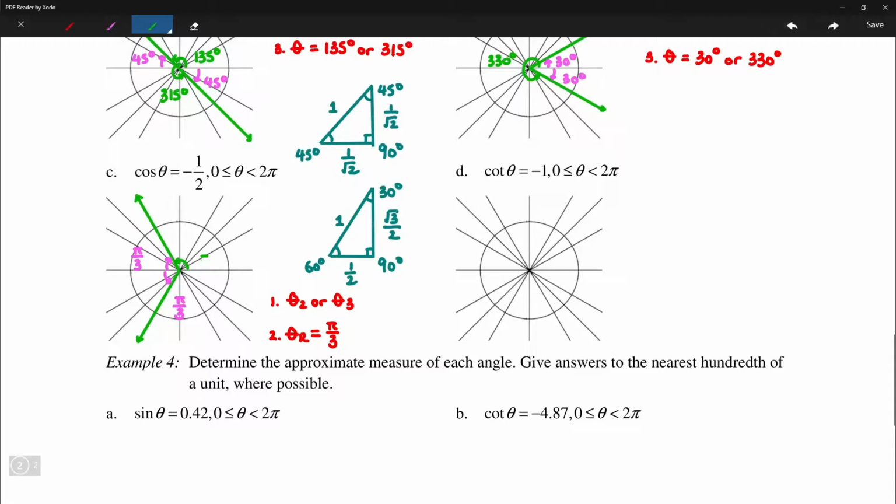Sorry about that. Okay, so that's pi over 3 short of pi. And then the second angle will be going this way, and that will be 4 pi over 3. That will be pi over 3 more than pi. So the two answers for theta will be 2 pi over 3 or 4 pi over 3.